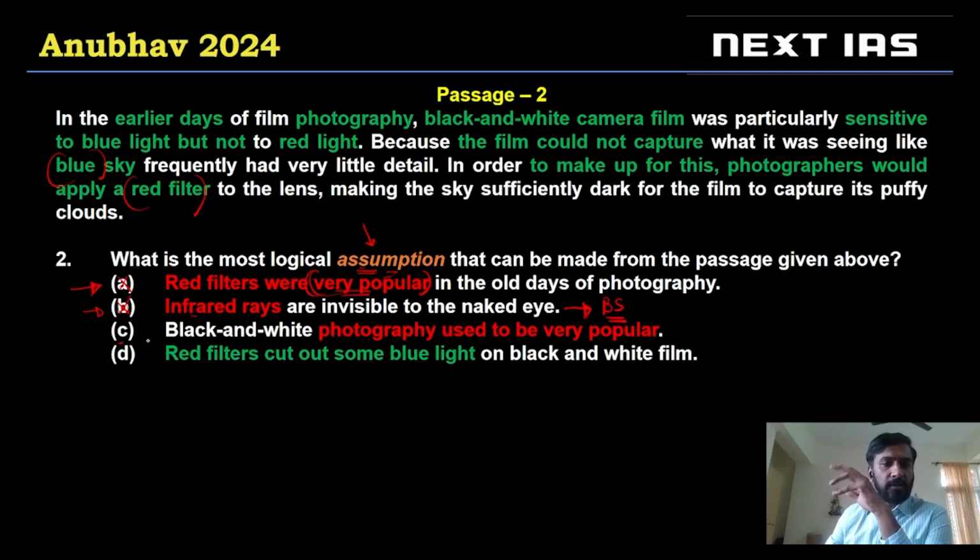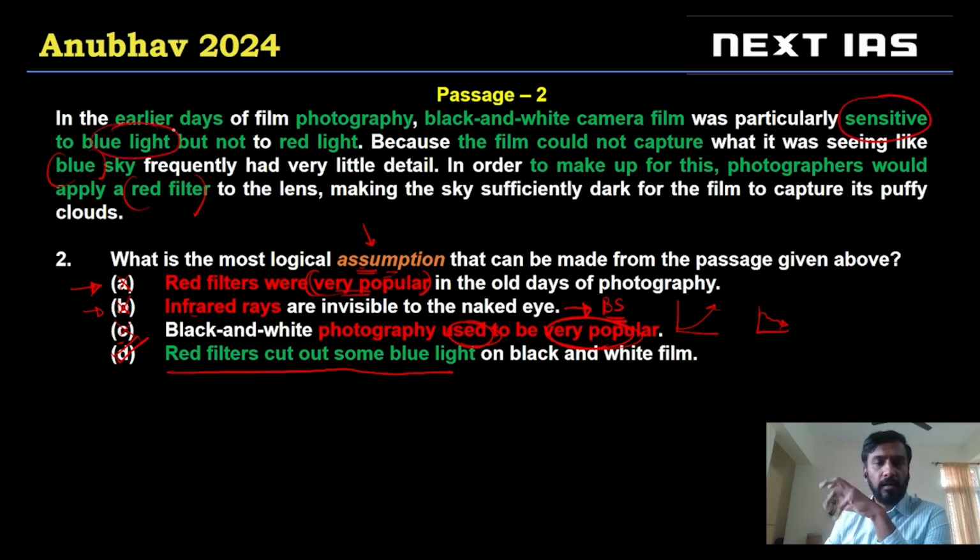Okay. Then option C, black and white photography used to be in the past, it used to be very popular. Again, we can't determine its popularity if it's increasing, if it's decreasing, right? We can't really determine that from the passage. So A, B, and C are incorrect. Option D is the correct choice. We'll find evidence for it. Red filters cut out some of the blue light.